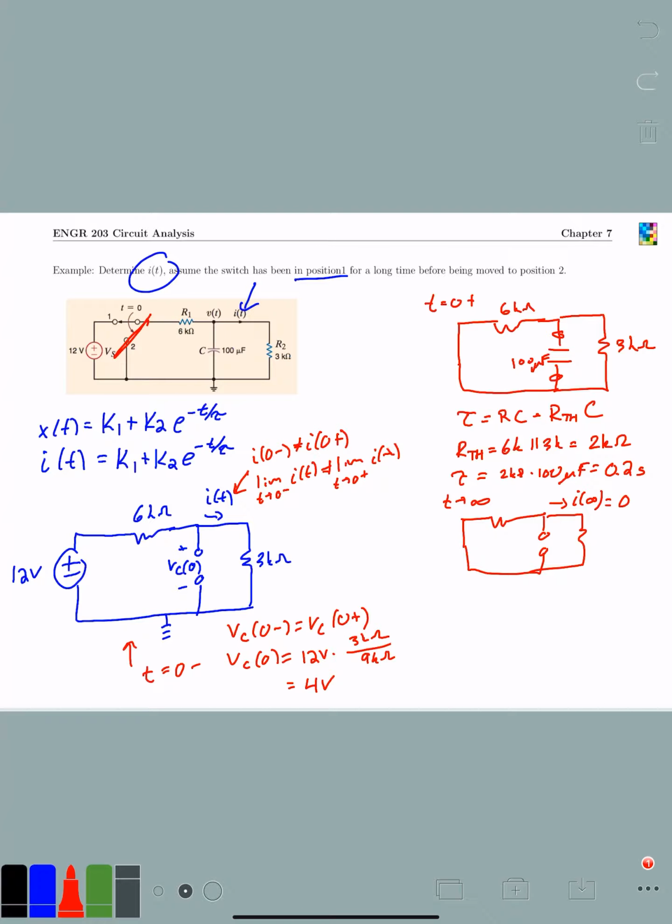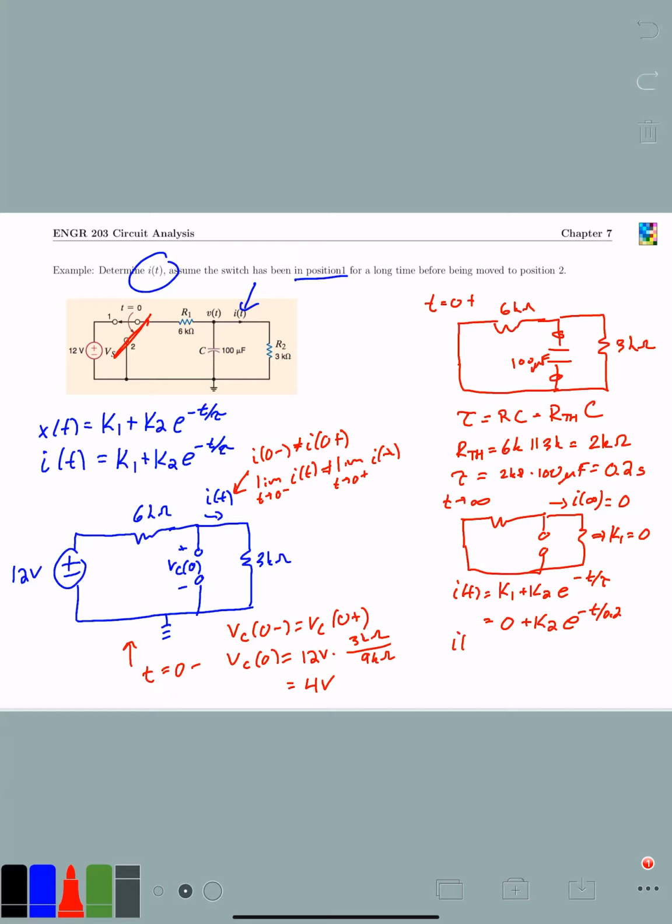There's no more source of power, and so that means my K1 is going to be 0. And so finally we can write I of t equals K1 plus K2 e to the negative t over tau. K1 is 0, K2 we don't know yet, e to the negative t over 0.2.